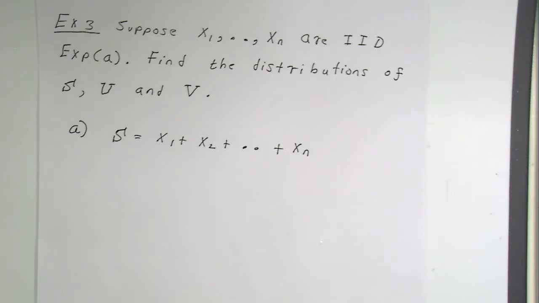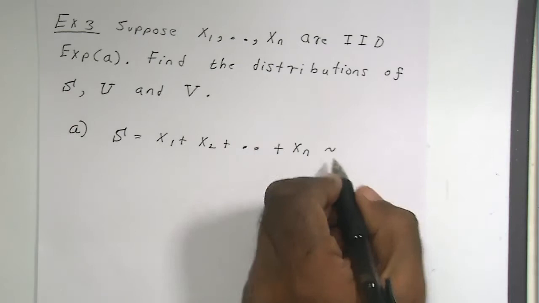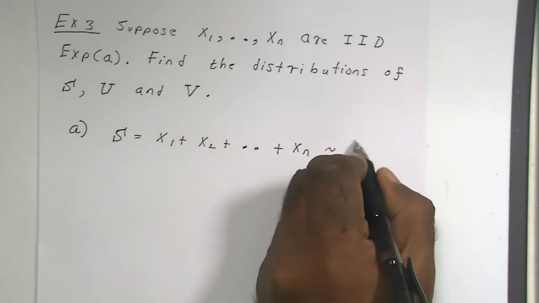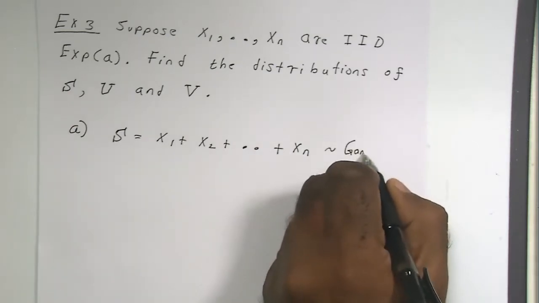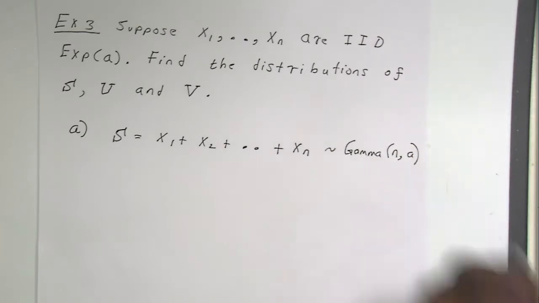Do you guys know the distribution of this? If x1 to xn are exponential, what distribution does the sum have? Yeah, good. It's gamma. Very good. So this has a gamma distribution with parameters n and a.